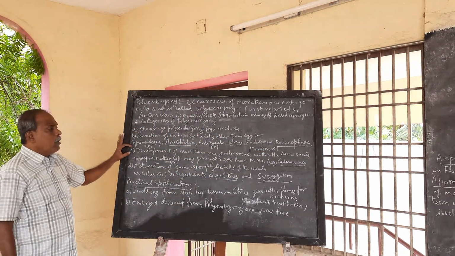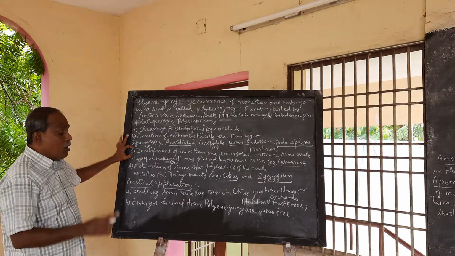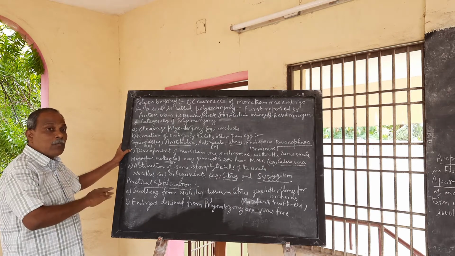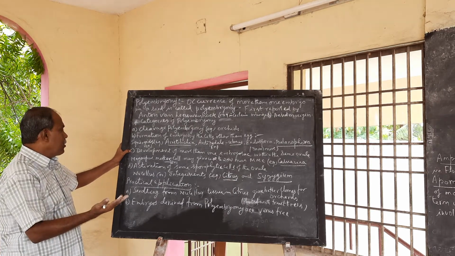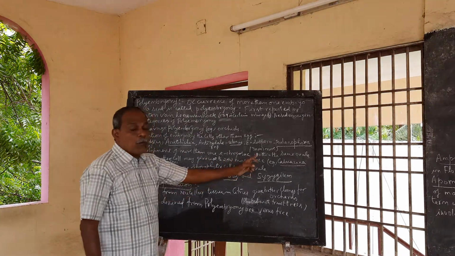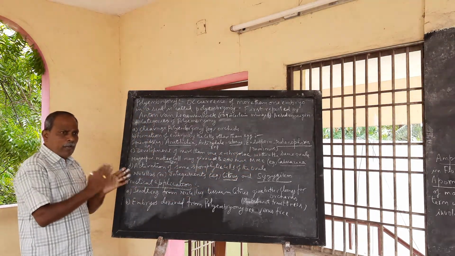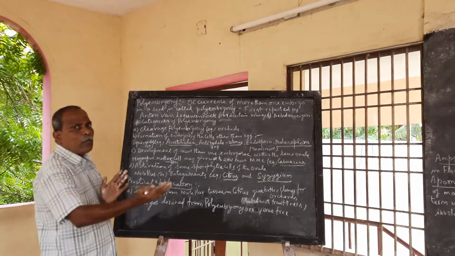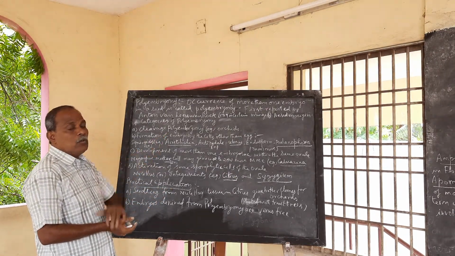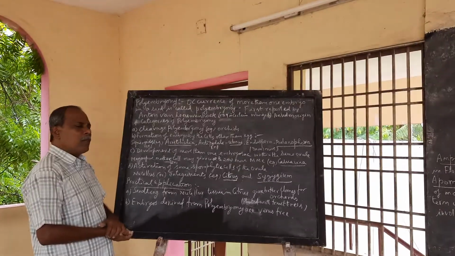Development of more than one embryo sac within the same ovule. Normally, only one embryo sac develops within the ovule. But here, many embryo sacs develop. The megaspore mother cell may give rise to two or more megaspore mother cells. Normally, one megaspore mother cell divides by meiosis to form four megaspores; three degenerate, and one becomes functional and develops into the embryo sac or female gametophyte.